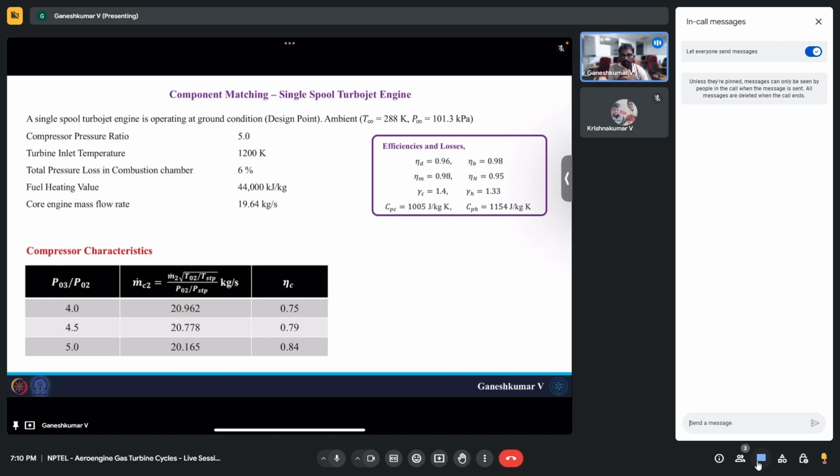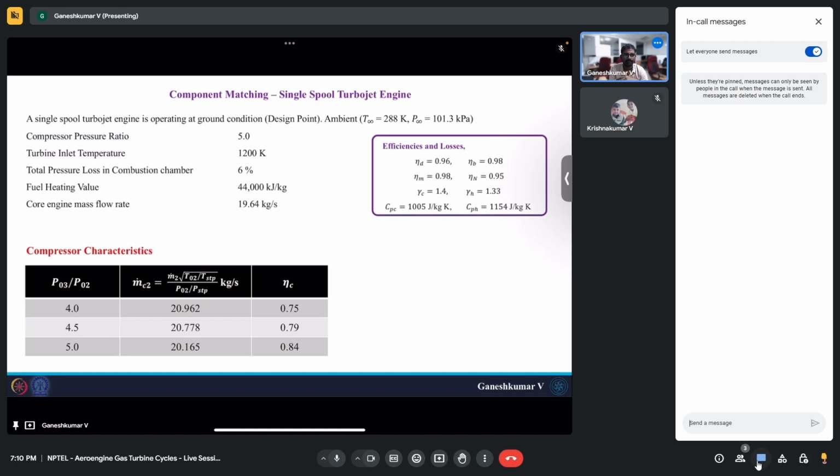Now, for this problem, for simplicity, we decided not to include the speed of the compressor. So here we are just having the mass flow rate effect on the pressure ratio. You can ideally plot this; here I have represented it as a table, but you can also plot it and see for yourself.